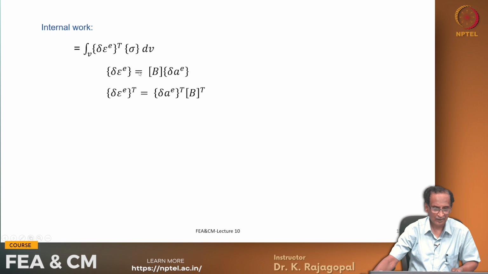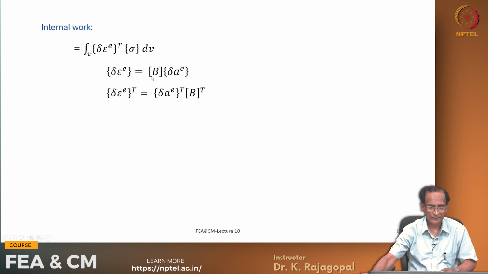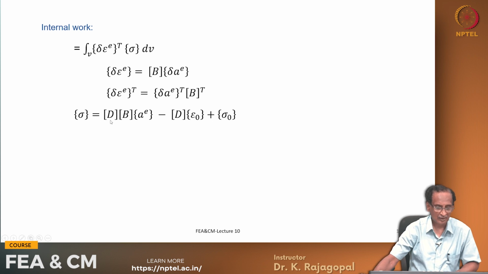So, whenever we take a transpose of a product, the terms get interchanged. So, that is what we see here, delta AE transpose B transpose, okay. And our sigma is D times B AE, this B times AE is our epsilon, right, minus D times epsilon naught plus sigma naught, okay.